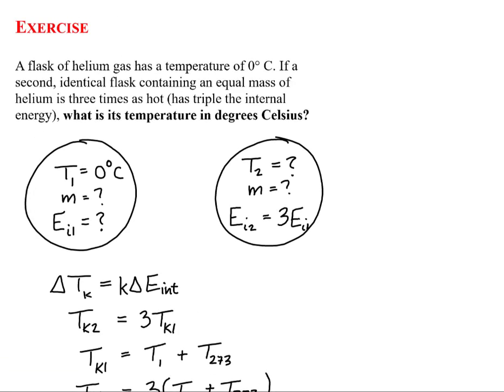The things to recall on this, the main concept we applied is the fact that changes of internal energy are directly proportional to changes of temperature in the Kelvin scale.